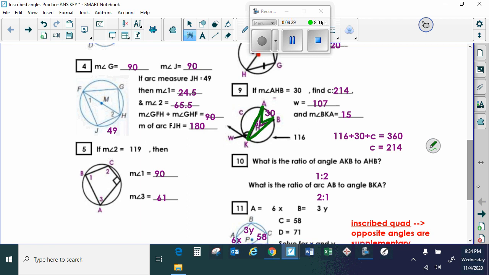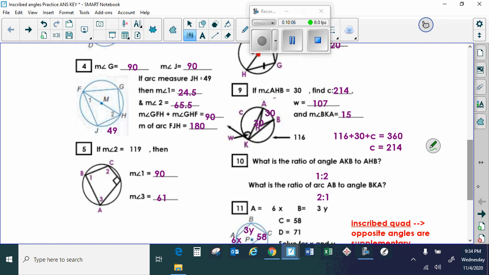Well, remember, this one equals its arc. That's 30, so that's 30, and this one was 15. So from here to here is 1 to 2. You have to go in the order that it wants, from there to there. Okay. Ratio of arc AB to angle BKA. That's now 2 to 1. 30 to 15 is 2 to 1.